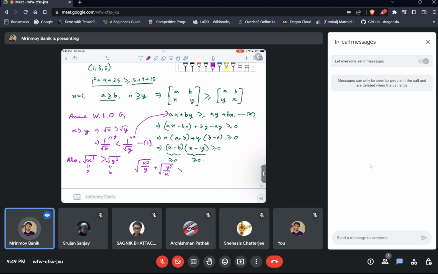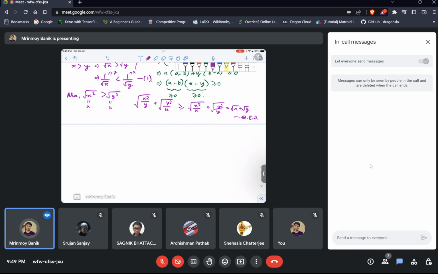This is in order, so this is greater than or equal to x squared by x plus y squared by y, which is just square root of x plus square root of y. So that proves this inequality.